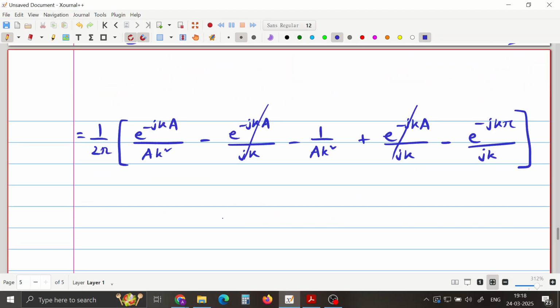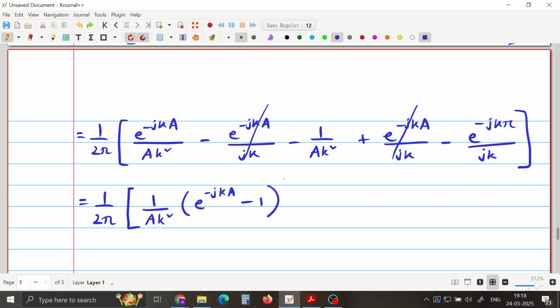What do we have? Let us try to simplify this further if possible. I can take these 1 by A k square terms together. So I'll take 1 by A k square common, and I'll have e power minus jkA minus 1, clubbing these two terms together.